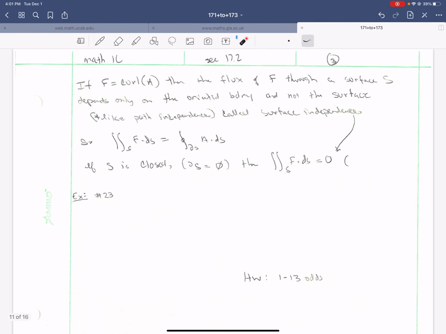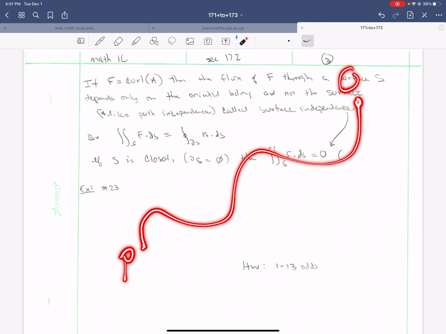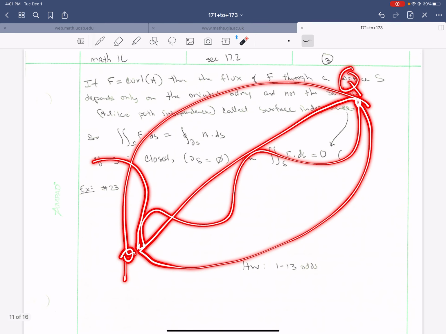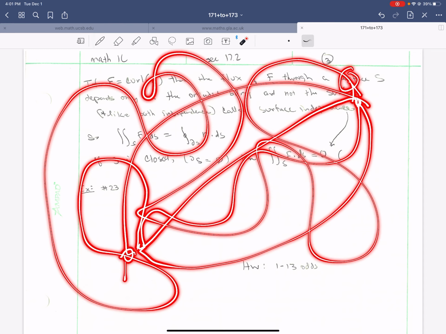What we mean by that is there is this theorem here that says if F is the curl of A, then the flux of F through a surface S depends only on the orientation of the boundary and not the surface itself. It's kind of like path independence. Remember, going from P to Q, it didn't matter if you went straight, or took a half circle, or went all the way around the world a bunch of times and wound up there.